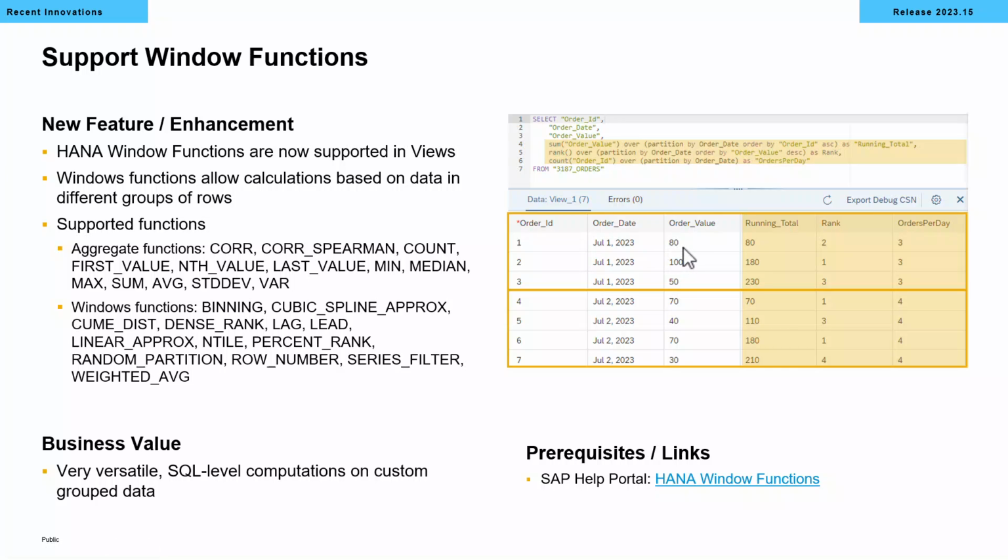And now if you would ask yourself the question, what is the highest value of an order on July 1st, on July 2nd, July 3rd, etc. So you would basically need to group these by order date, so July 1st, and then find out which of these three has the highest value, in this case order number 2 with the value of 100.